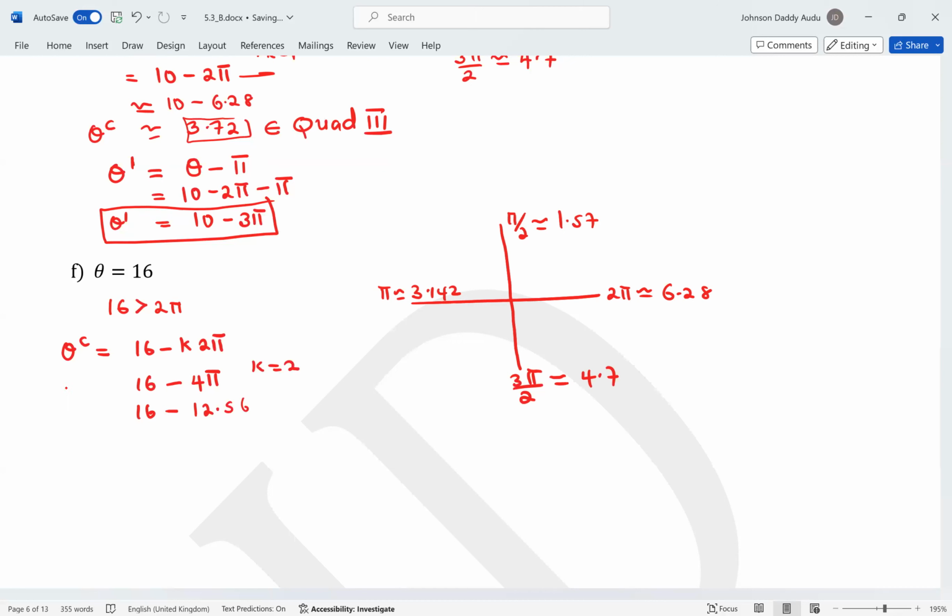Now, if you take the difference between this and this, it's going to be 4 point something, right? So, which makes sense. Now, you need to ask yourself, where will it be?